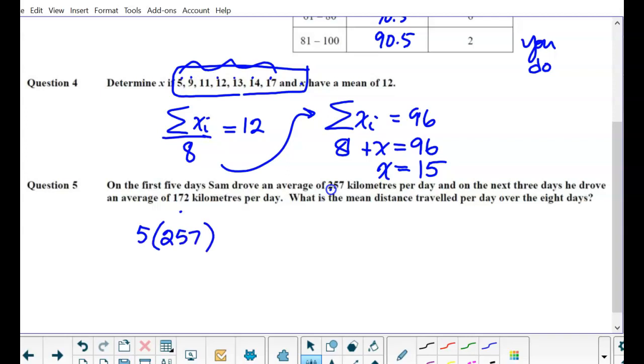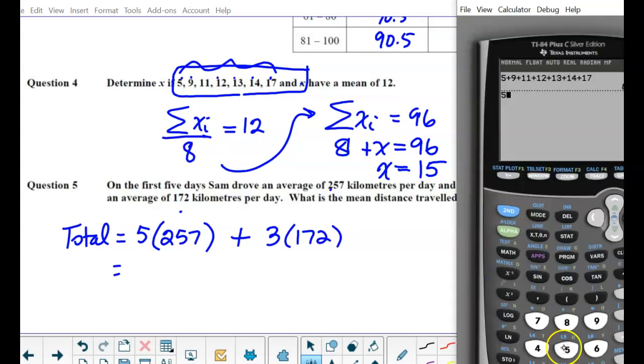So the total kilometers for those 5 days, and then we have to add the total kilometers for the next 3 days, and then divide by 8.